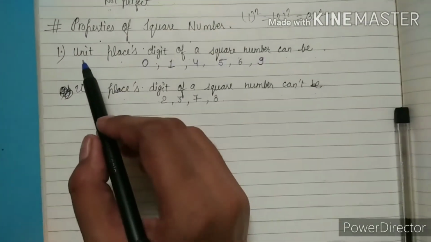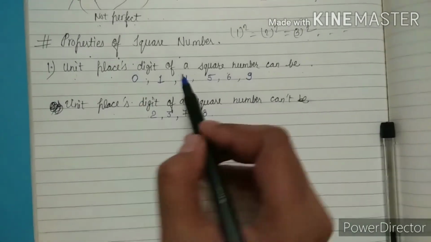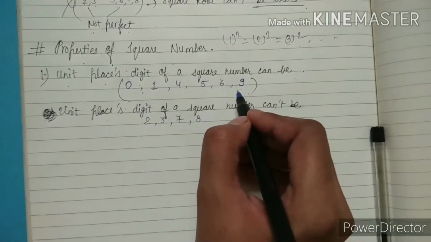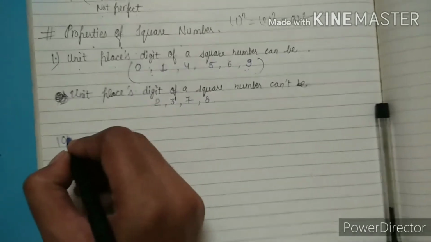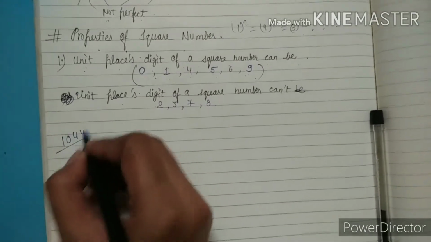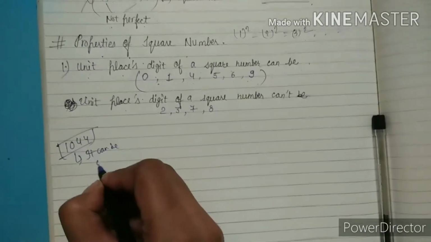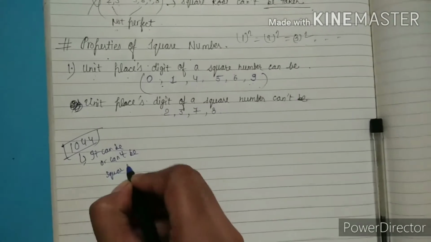So the first property of square numbers: the unit place digit of a square number can be 0, 1, 4, 5, 6, 9. So whenever we see these digits at the unit place of any number, it can be or cannot be a square number.